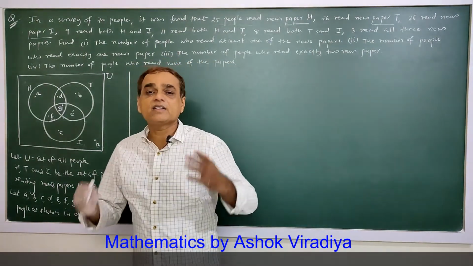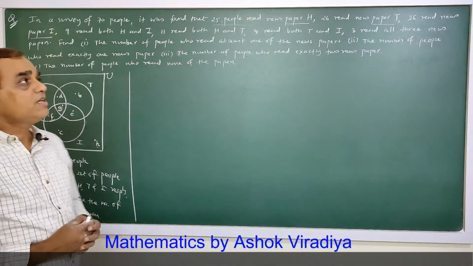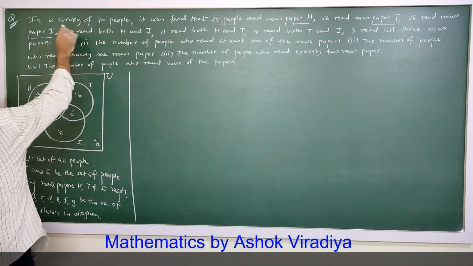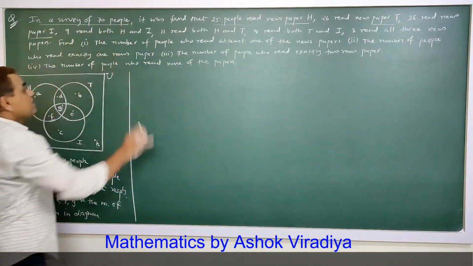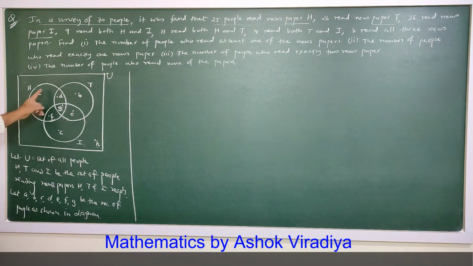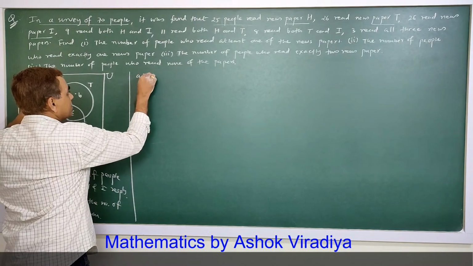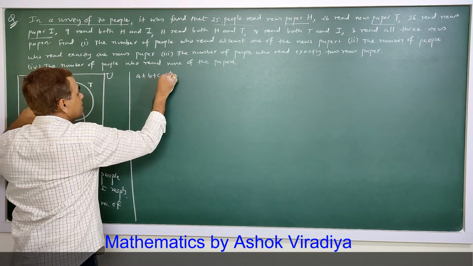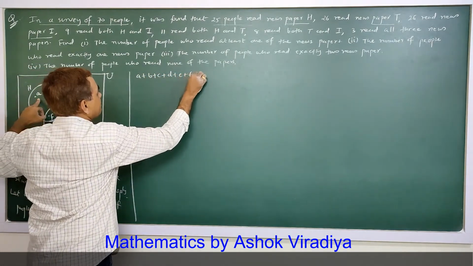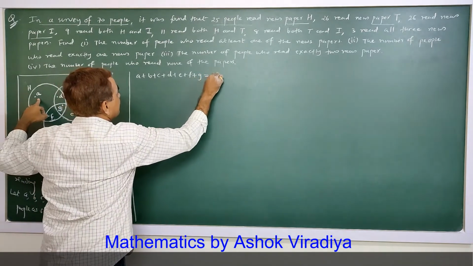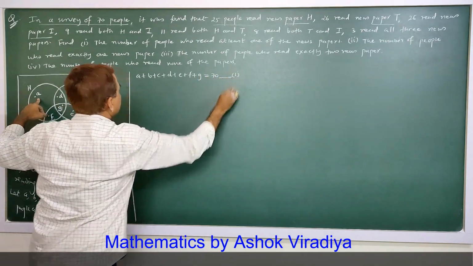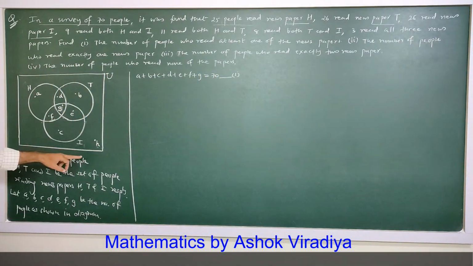We are creating equations. See, the first statement is the survey is on 70 people. So the sum of all numbers is 70. That means A plus B plus C plus D plus E plus F plus G is 70. This is equation 1.